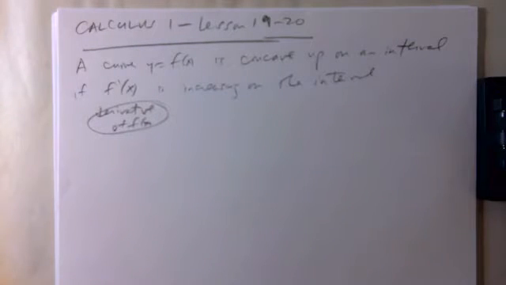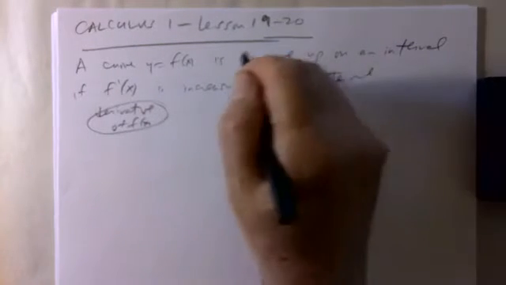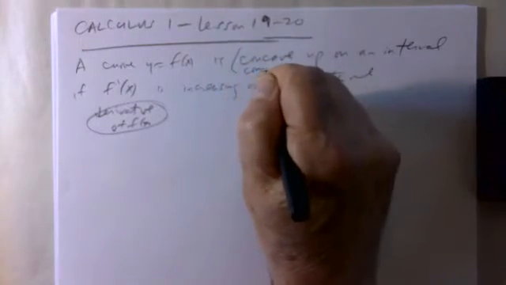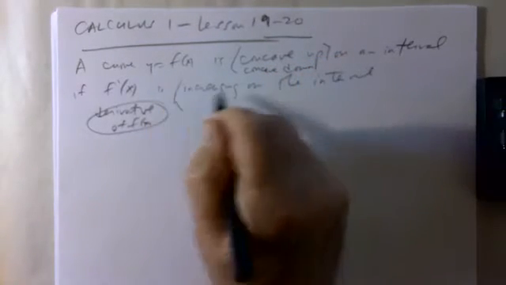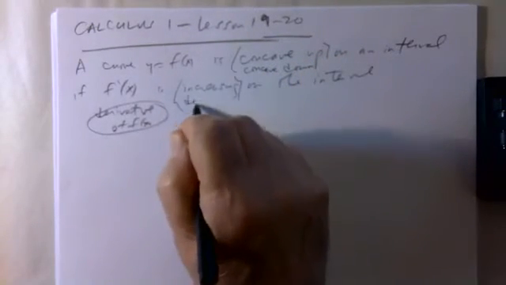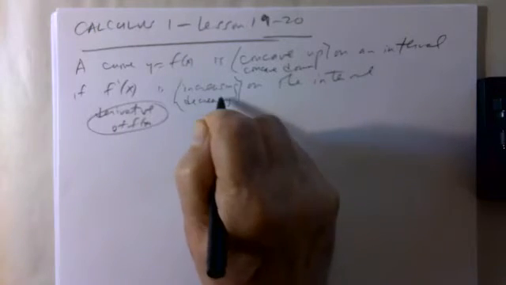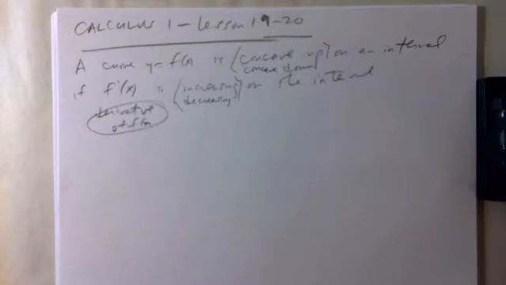And we say the curve is concave down on an interval if the derivative of the function is decreasing there.